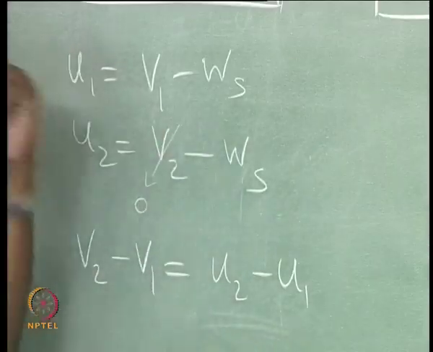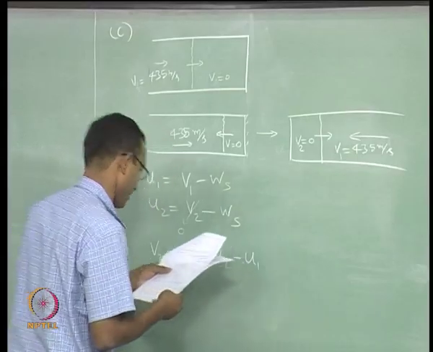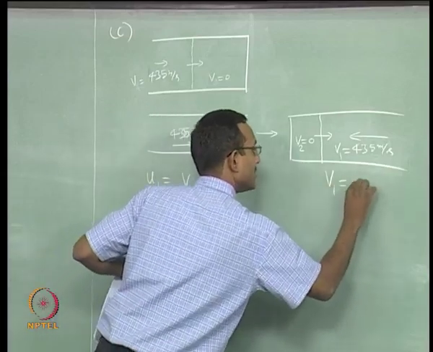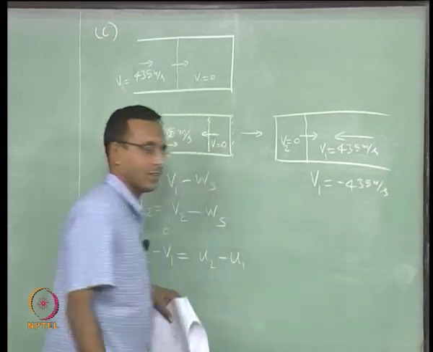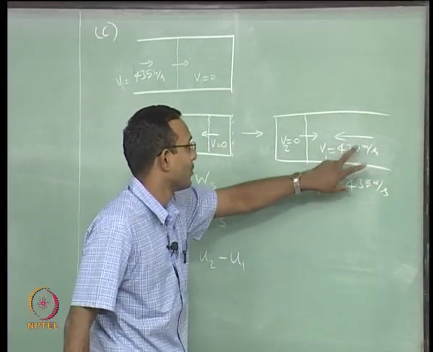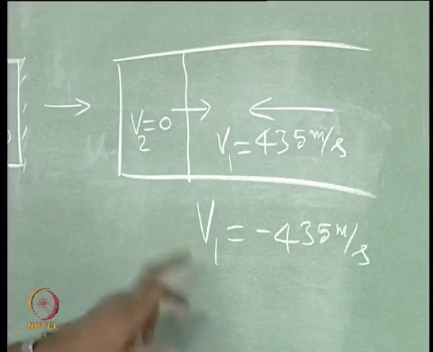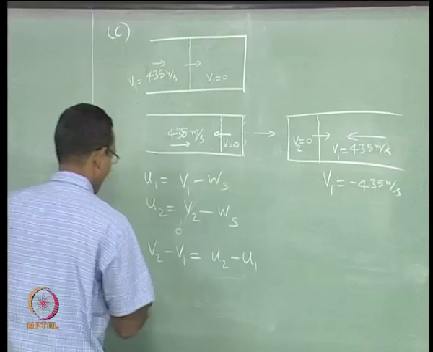If it goes leftward, it is a minus sign. I have put an arrow on 435 so that we do not touch that; I will change it only here. V1 equal to minus 435 meters per second, which means it is going right to left, and V2 is 0.